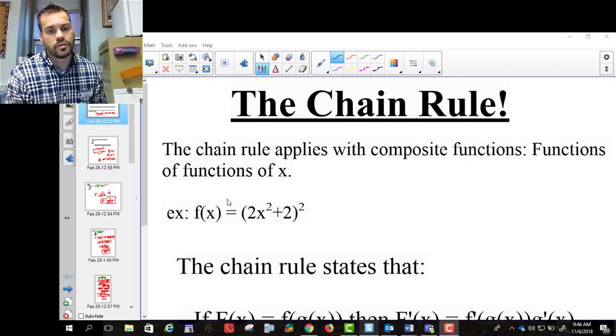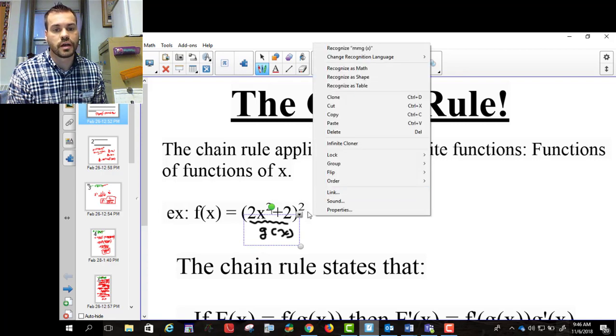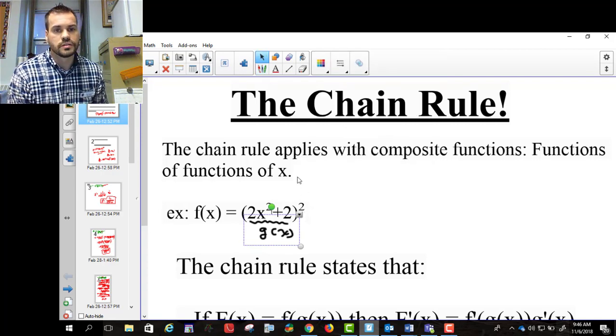In other words, if you look at this function, it's a composite function because you have this, which is a function, let's call that g of x, inside of a power, which is another function of x. So in a sense, you have two functions here.